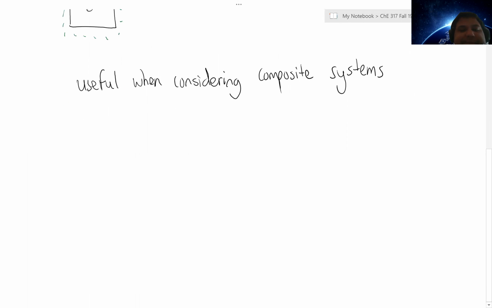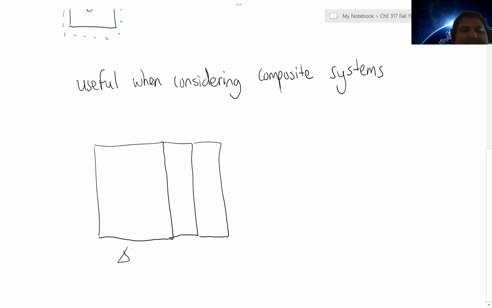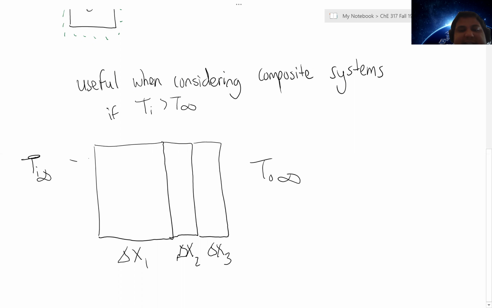So for example, when I had this multi-component wall, I now have different materials of differing thicknesses. And I probably have some form of temperature here and some differing temperature here. Let's say Ti is greater than To, I know my heat transfer is going to happen in this direction.